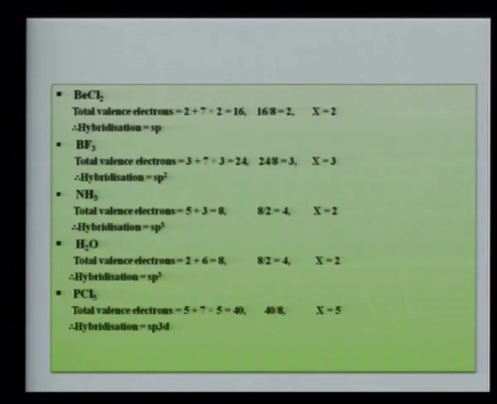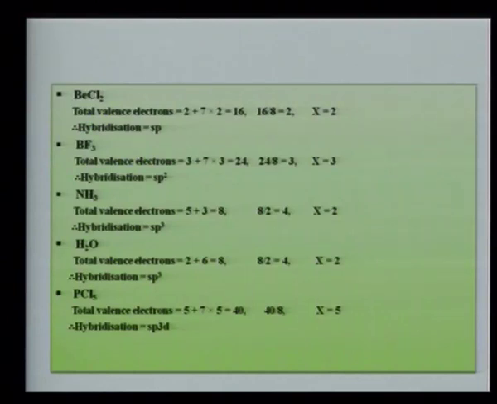Similarly, BF3: the number of valence electrons is 3, monovalent atoms are 3 and surrounding atoms are 3, so you will get sp2 type of hybridization. Similarly, in CH4, you will find 4 minus 4, but surrounding atoms are 4, therefore sp3 type of hybridization.